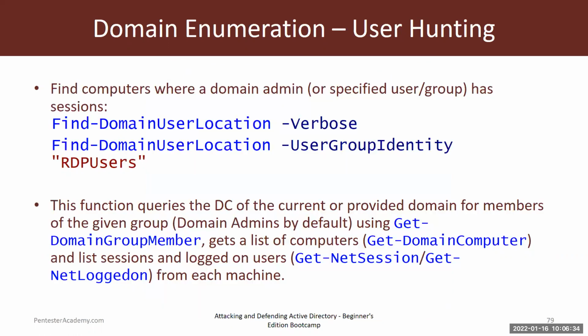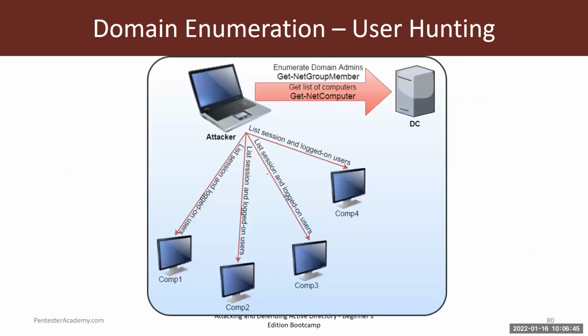When you run this command, find domain user location, without specifying any user group identity, a request is sent to the domain controller, and two pieces of information are requested. One is a list of computers, second is membership of the domain admins group. Now, armed with this information, the function goes to each and every machine in the domain and tries to list sessions and logged on users on the machines.